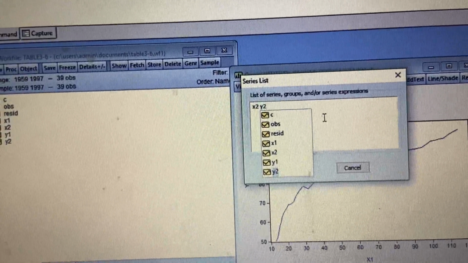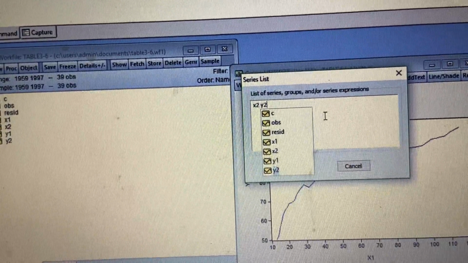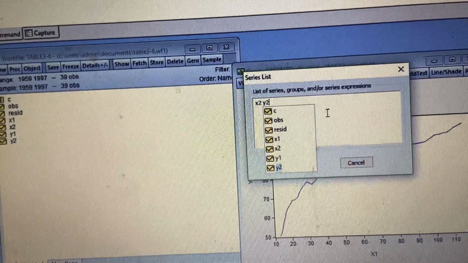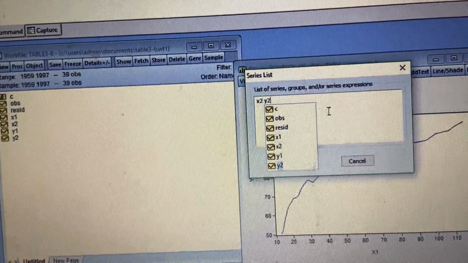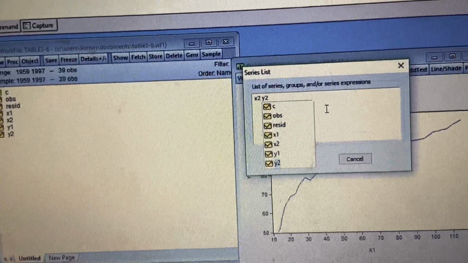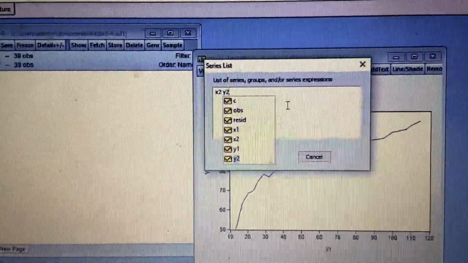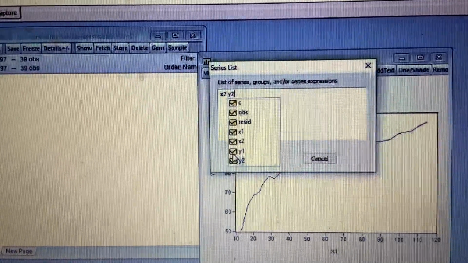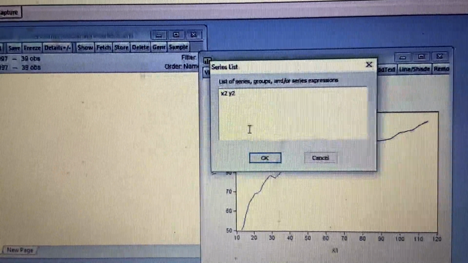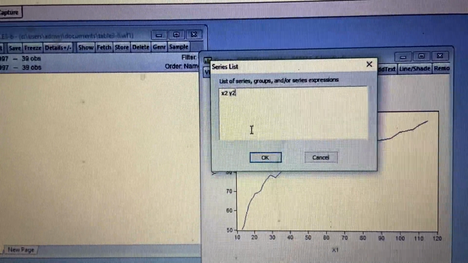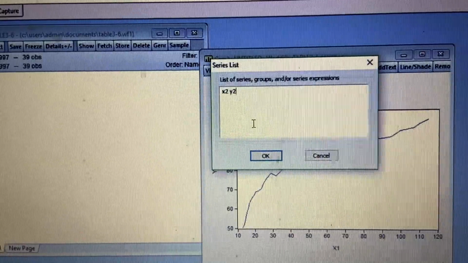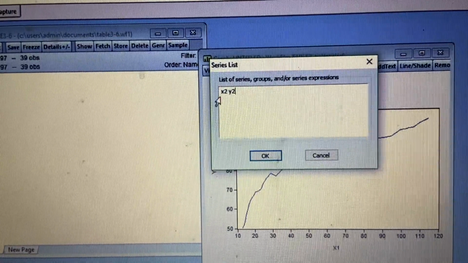So you have to write y first and then x, but in the graph you should write x first and then y second. Okay, so you have x2 and then y2. Remember, if there is any question relating to drawing the graph, you should remember x first and then y second.